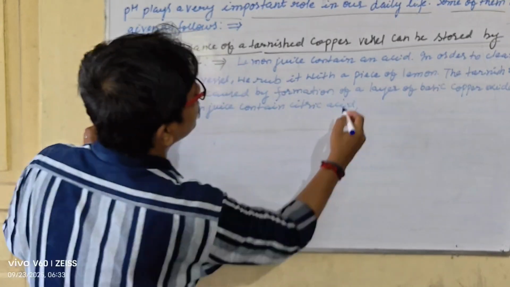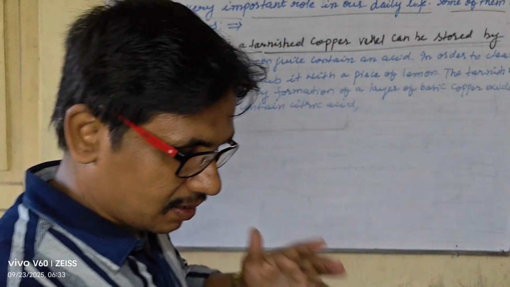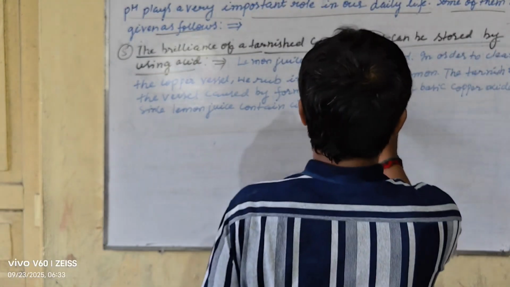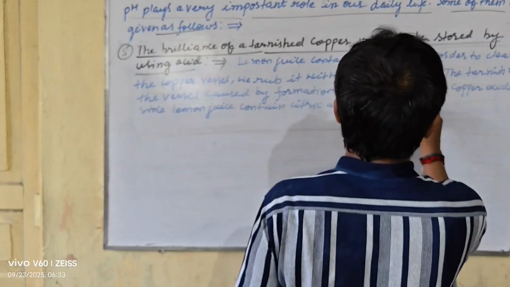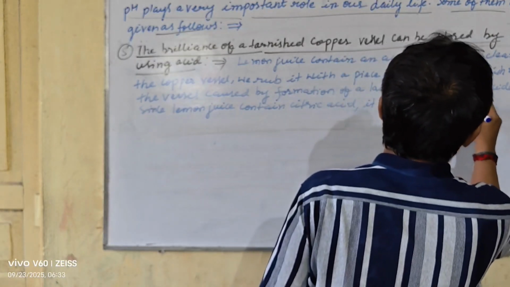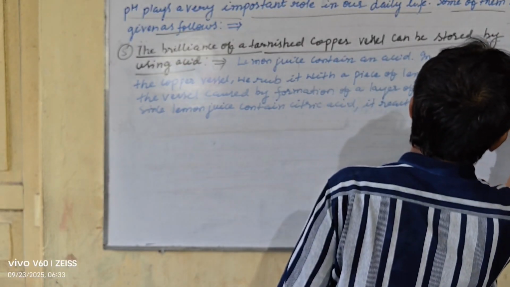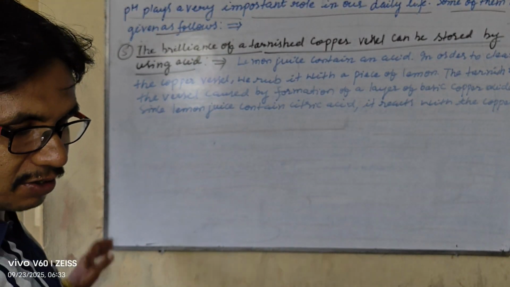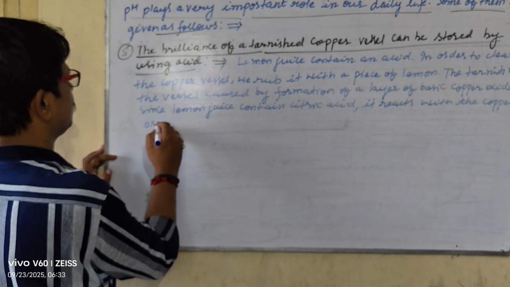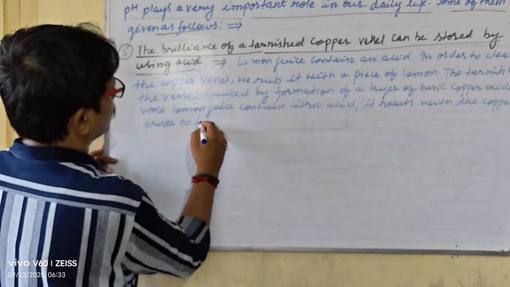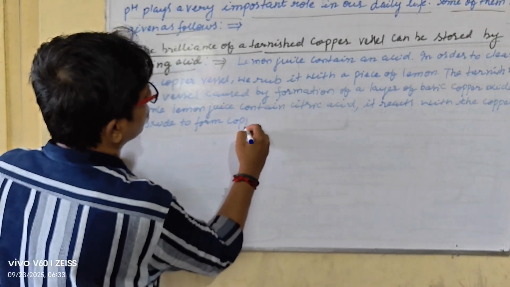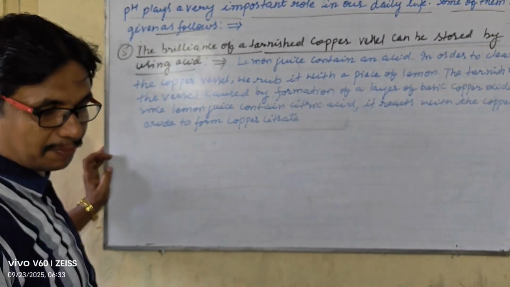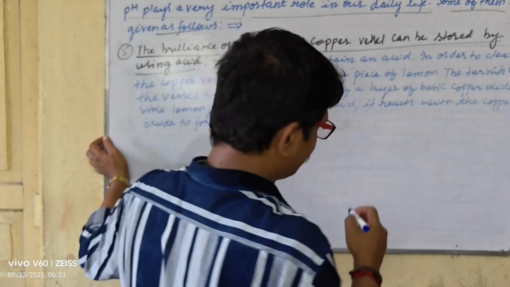Since lemon juice contains citric acid, it reacts with the copper oxide to form copper citrate, and is washed away.